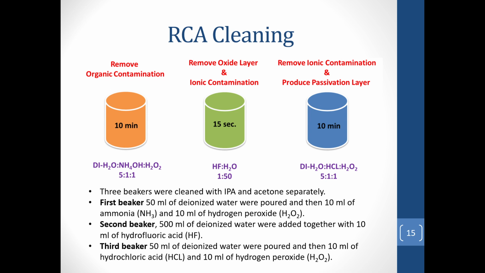In the third beaker you take 50 ml of deionized water mixed with 10 ml of hydrochloric acid, HCl, and lastly 10 ml of hydrogen peroxide, H2O2, and you stir for 10 minutes. After that, your substrate is successfully cleaned with zero contaminants on the silicon substrate. This is very crucial to remove all the contaminants from the silicon substrate.